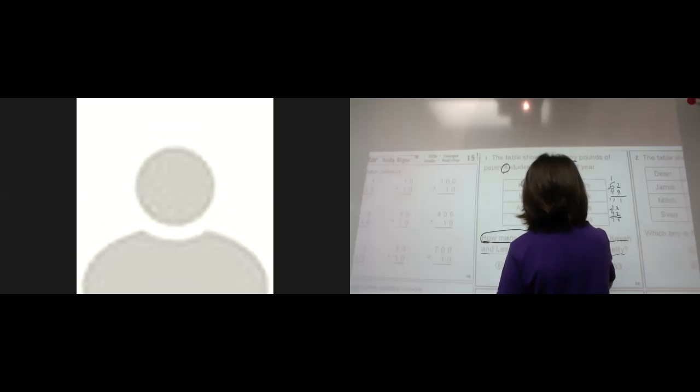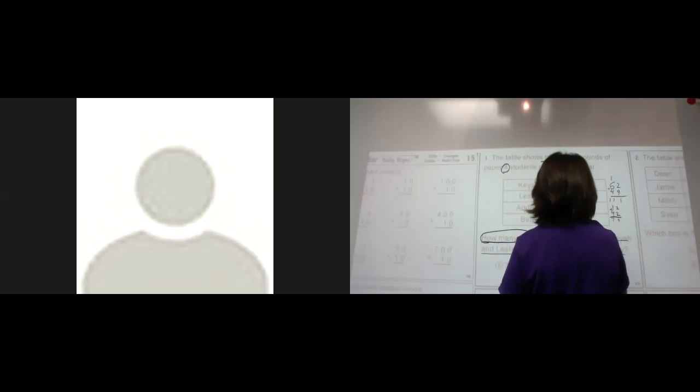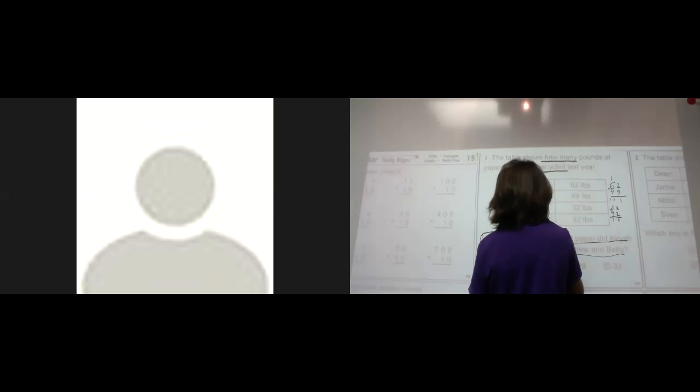And now she's going to subtract those 2 totals that she got. You need to borrow though, because you can't do 1 minus 4, because 1 is smaller than 4.